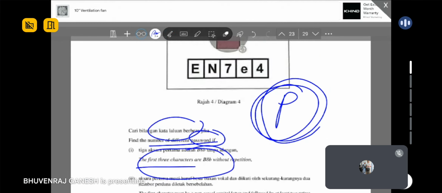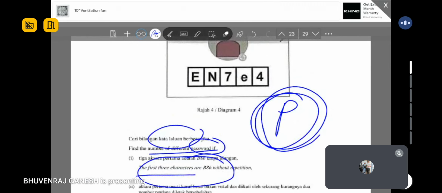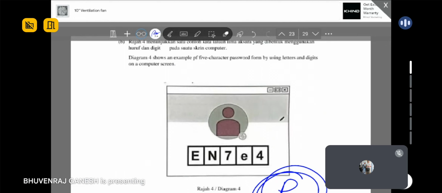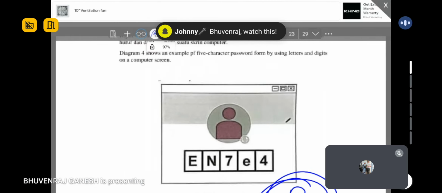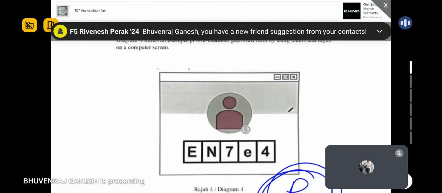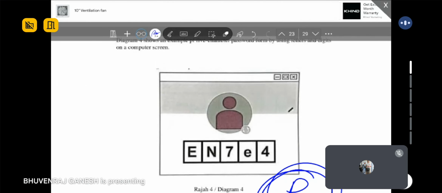Okay? So now, they say the first 3 characters is B8B. So guys, now we are talking about letters and also numbers. So guys, may I know how many letters we have in this universe? Berapa abjad kita ada, guys? Guys, dangerous question. Siapa salah kat sini, kamu balik tadika. Berapa abjad kita ada? A sampai Z. How many?